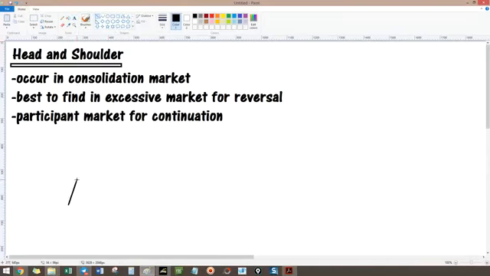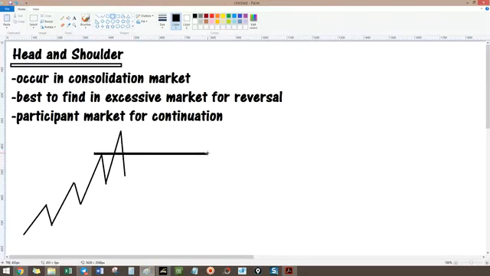All right. One, it would look like something like this. You have a trendy market like this. One and a two and a three and a four and a five and a three. Okay, something like this. And then something like this. And then you have something like this.